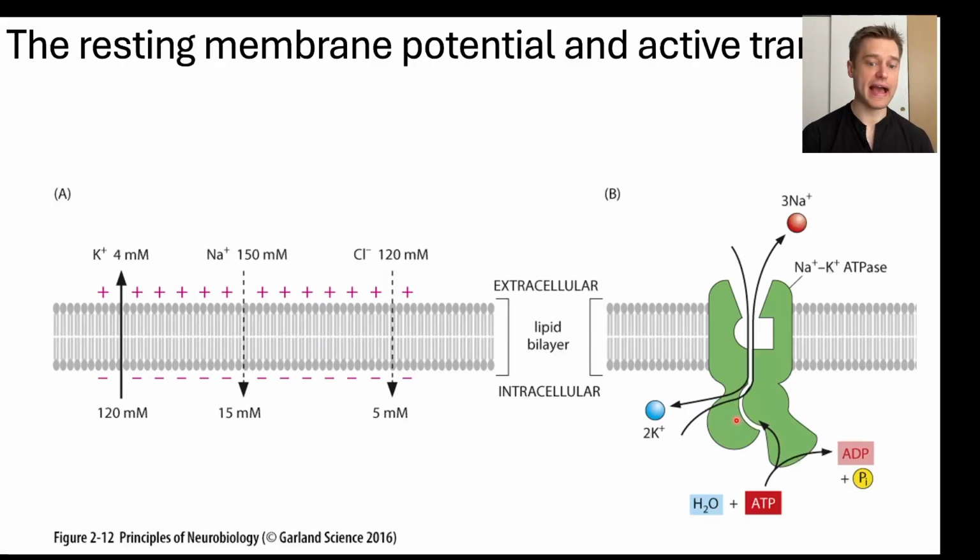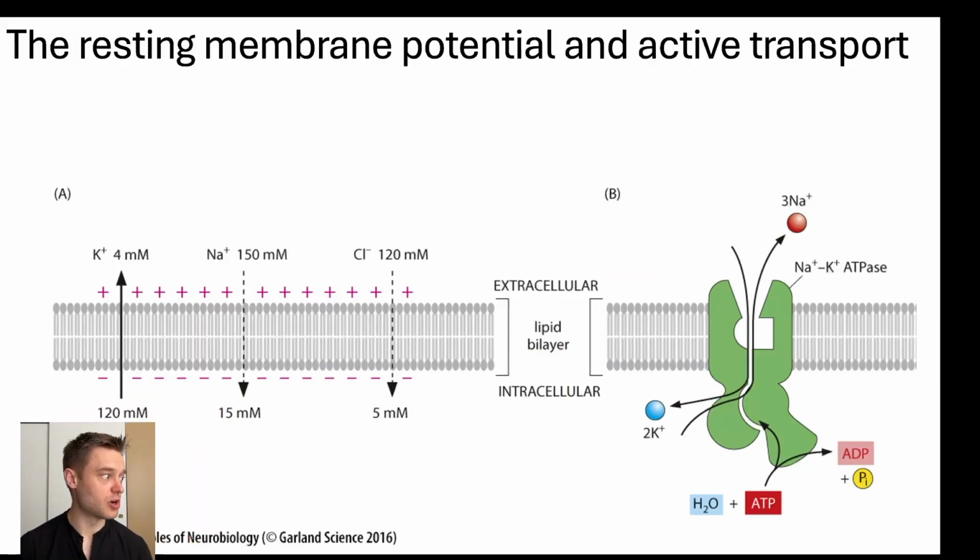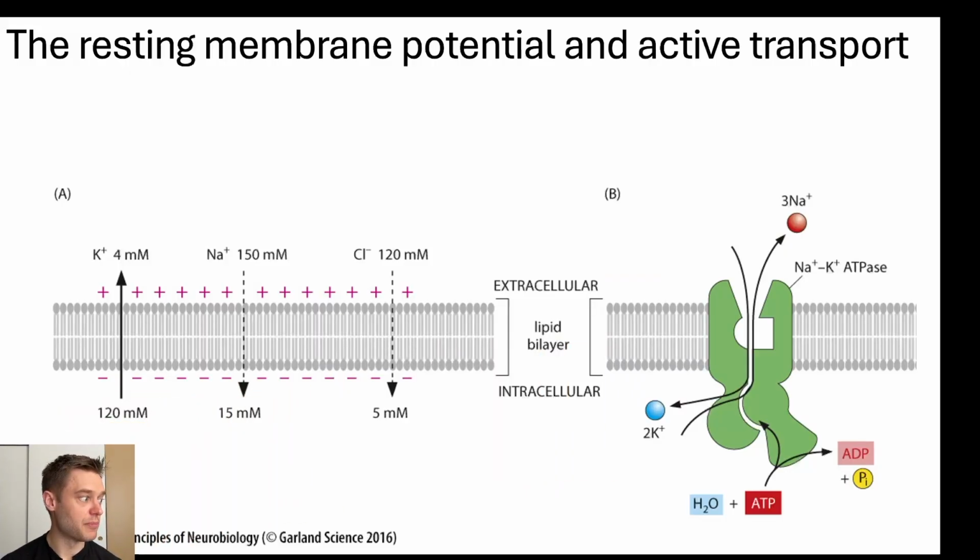Now, like action potentials, the sodium-potassium pump is one of those things that is super fundamental to neuroscience. So you absolutely are going to have to know about the sodium-potassium pump. You will need to know that the sodium-potassium pump ejects 3 sodium ions from the inside of the cell to the outside of the cell, and it takes in 2 potassium ions.